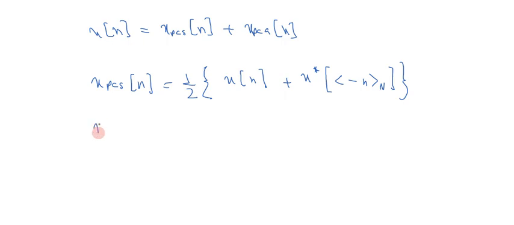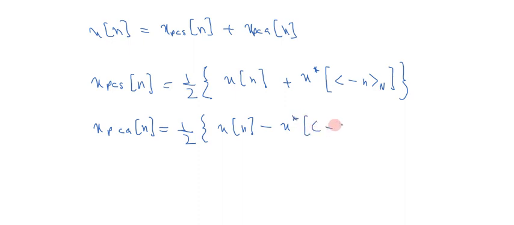Similarly, you can define the circularly conjugate antisymmetric part of x of n as 1/2 times x of n minus x conjugate of the circularly time reversed version of x of n. So what we have done is we have decomposed our x of n into a circularly conjugate symmetric part and a circularly conjugate antisymmetric part.